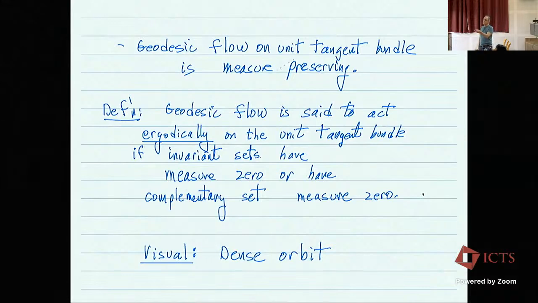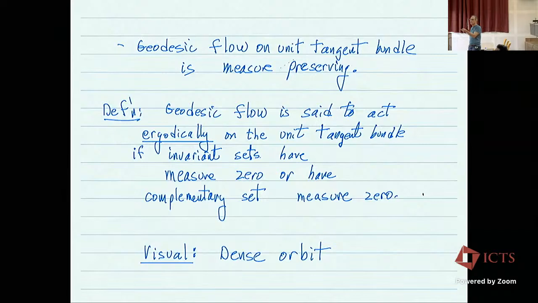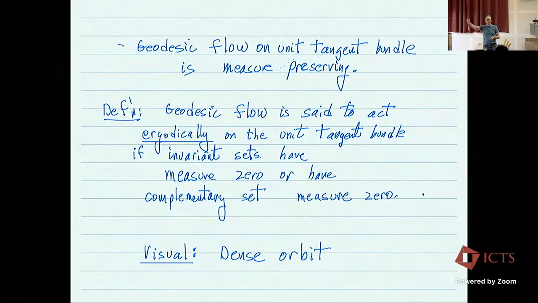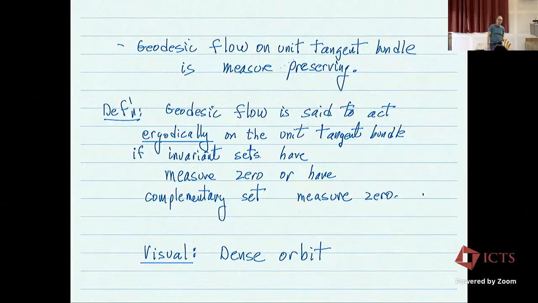And most importantly, the geodesic flow on the unit tangent bundle is measure preserving with respect to this measure. Okay? So if you have some measurable set of vectors in the unit tangent bundle and you move them under the geodesic flow, that new set of vectors you get has the same measure as the old set you had.